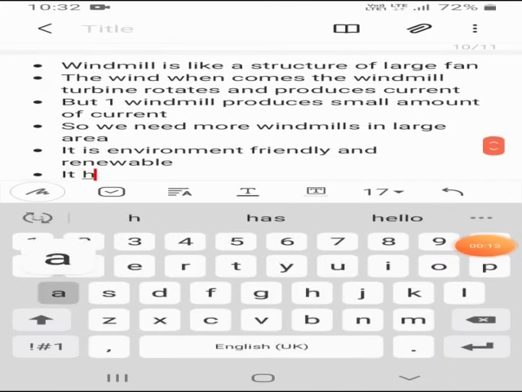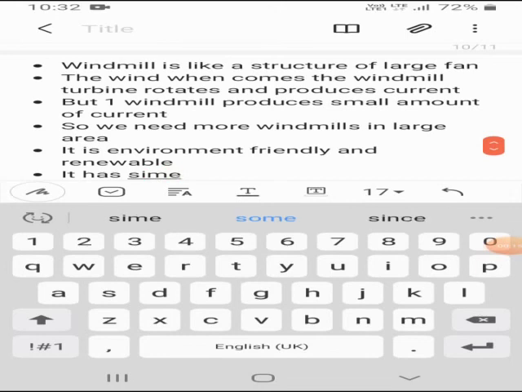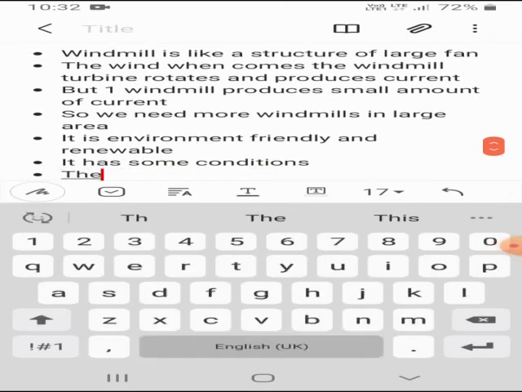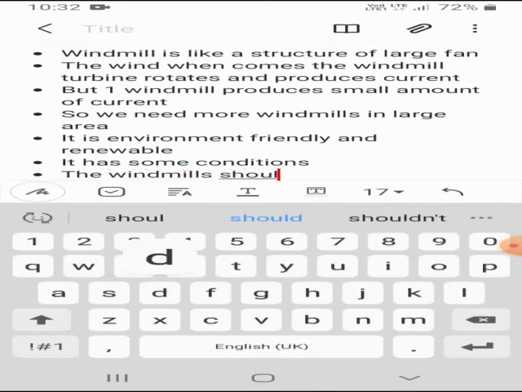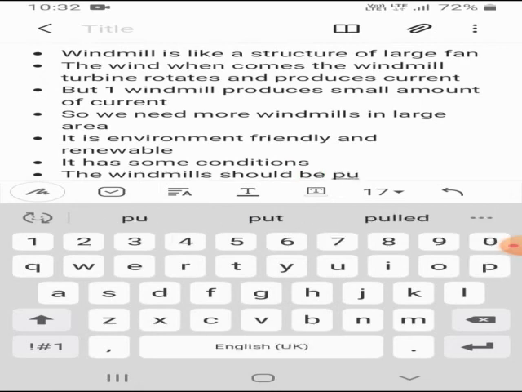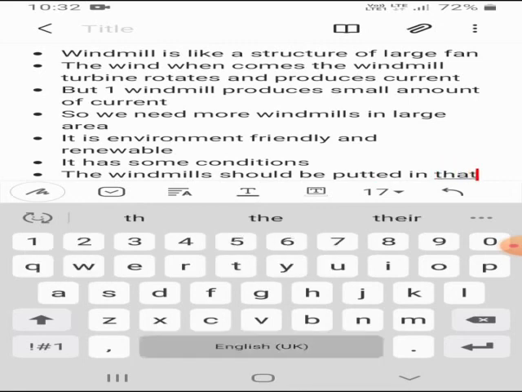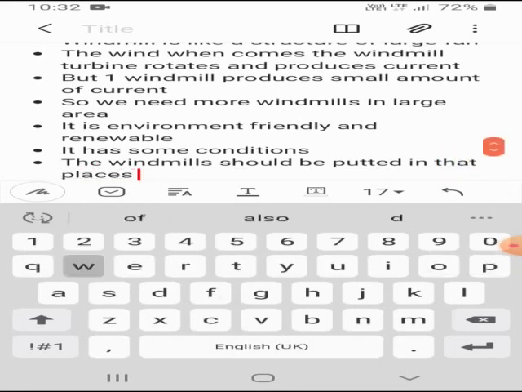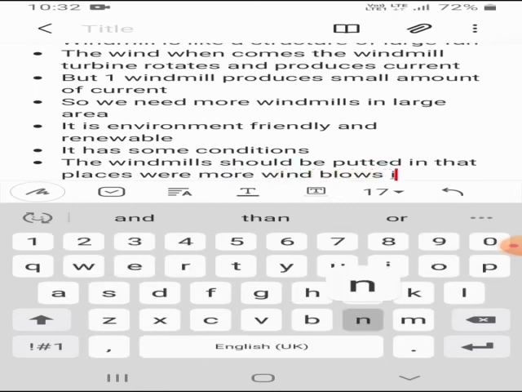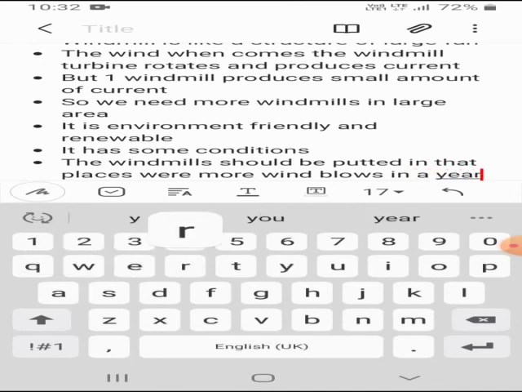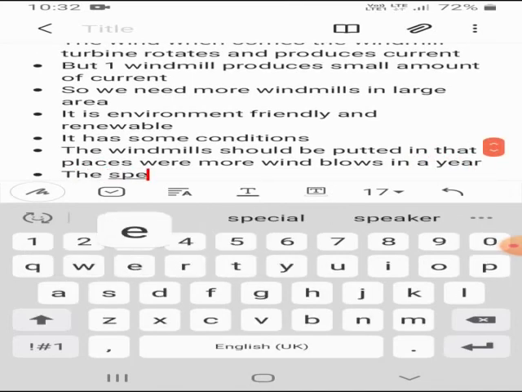But it has some conditions to make windmills. The windmills should be put in places where more wind blows in a year, and the speed of the wind should be 15 km per hour.